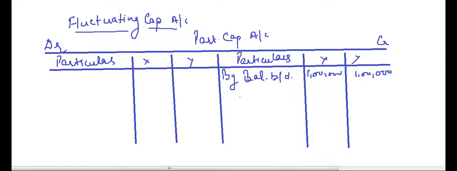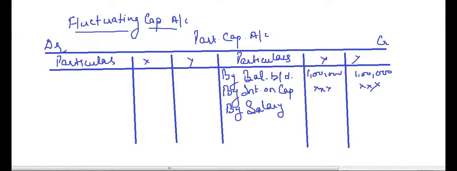So the partners' capital account says interest on capital, income for the partner, to interest on capital. Clear? Salary, any remuneration, income for the partner, right?